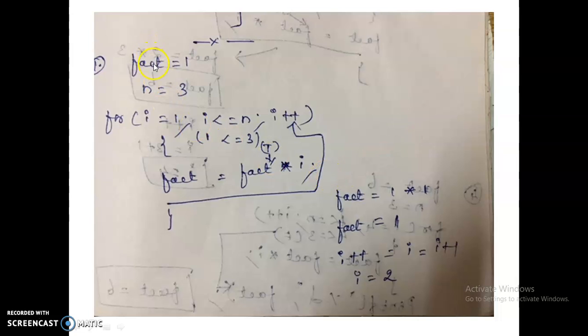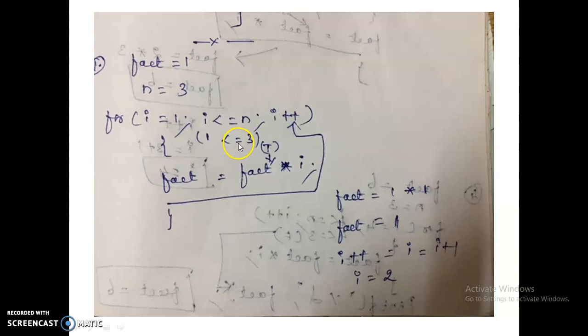In the first iteration, the value of variable fact is 1. I give the input as 3, so n is equal to 3. The first part is the initialization part, and the second one is the condition. Here the value of i is 1, so 1 less than or equal to 3, where the value 3 is assigned to the variable n.